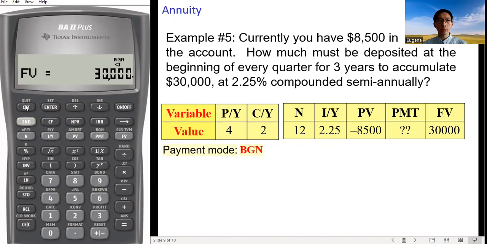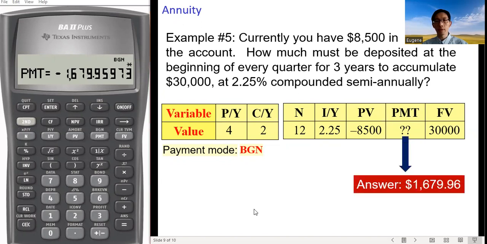And then we can compute the payment amount, the amount of the deposit. So you need to take out the money to make the deposit. So this is a negative value in the calculator. So here, the amount of the deposit is $1,679.96.